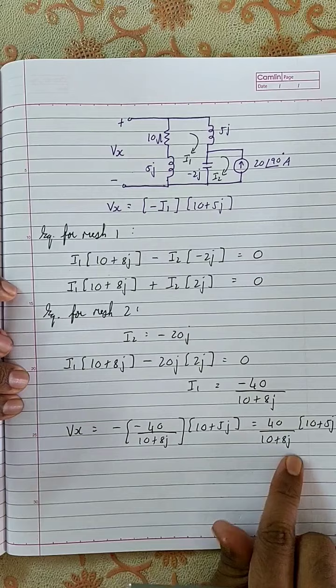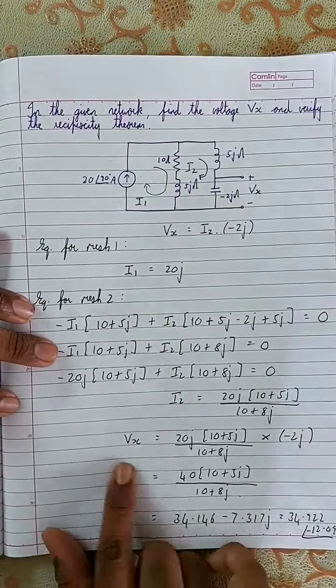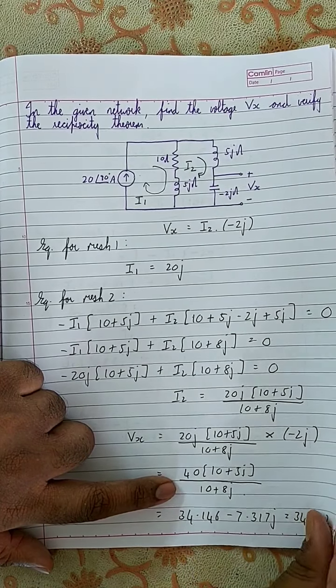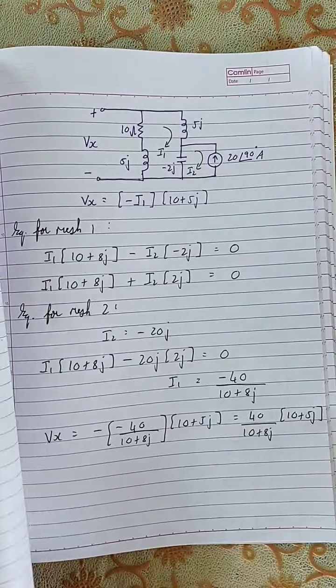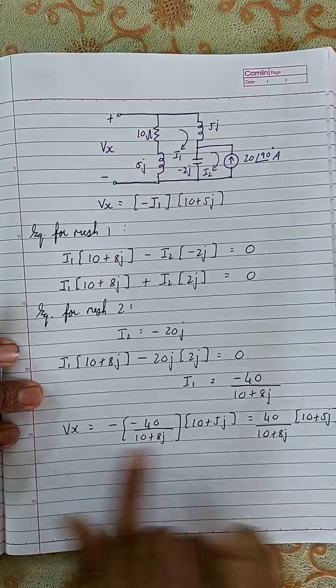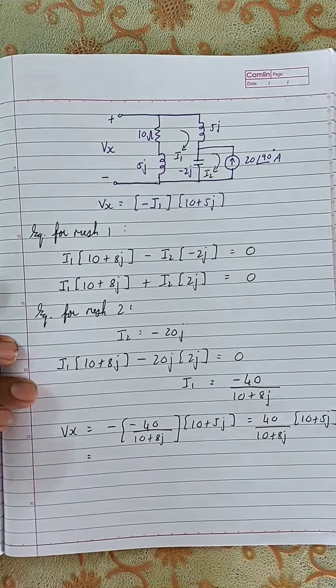Look over here, this is the equation for Vx. Look at the equation of the previous Vx, 40 into 10 plus 5j by 10 plus 8j. Over here also the same thing. So both the Vx have the same value, correct?